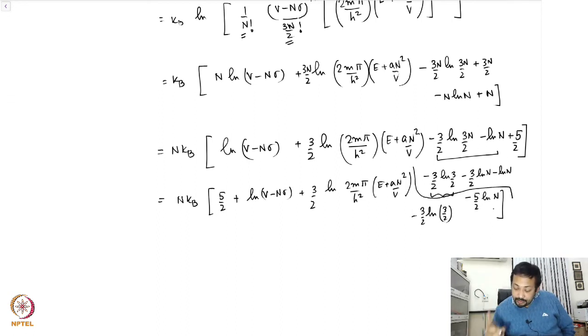Please be careful with this. This is going to be minus 3 by 2 plus 3 by 2 ln minus ln. Is this correct? No, sorry, this is minus. Correct, minus 5 by 2.